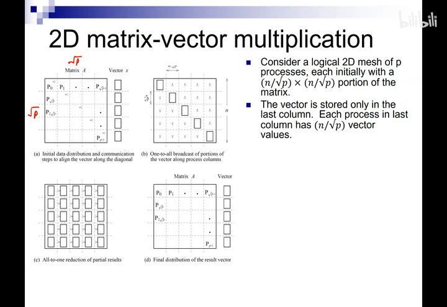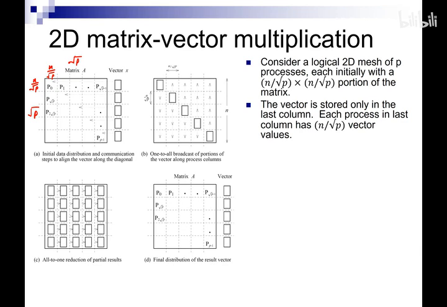Each processor is going to store just a small chunk of the overall A matrix. Since you have a grid of root P by root P processors, and the matrix is n by n, each processor stores a part of the matrix that is n divided by root P elements times n divided by root P elements.